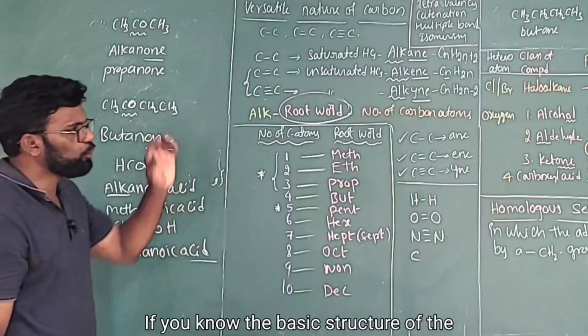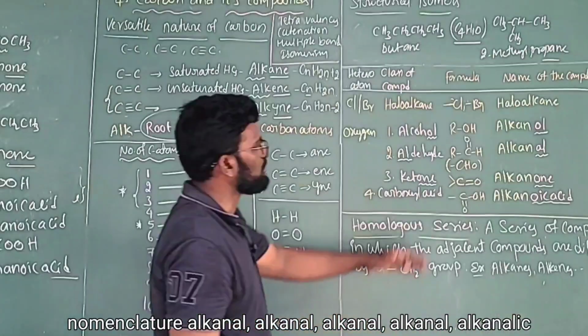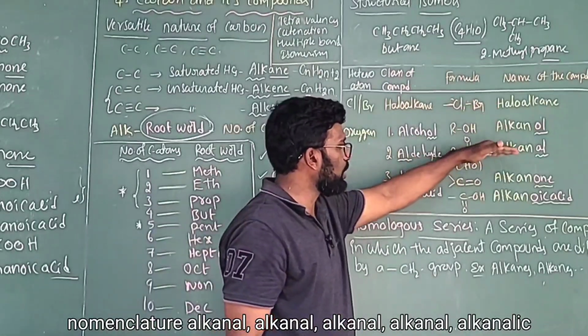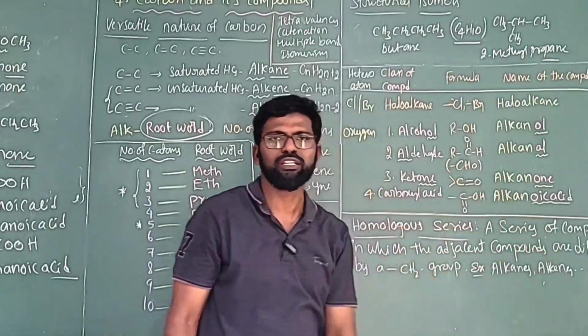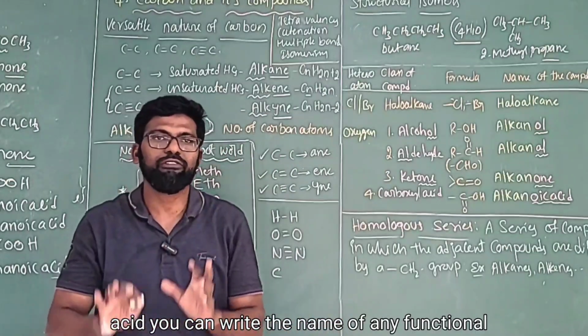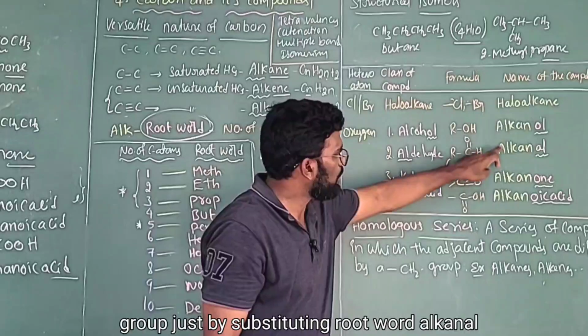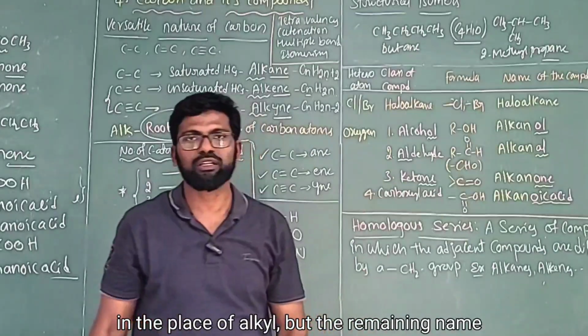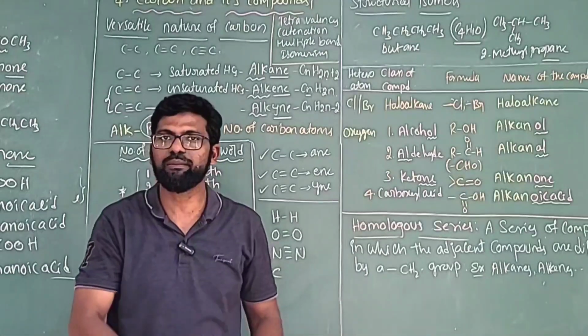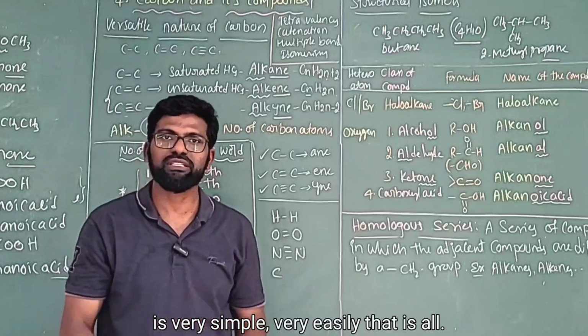That's simple. If you know the basic structure of the nomenclature, alkanol, alkanal, alkanone, alkanoic acid, you can write the name of any functional group just by substituting a root word in the place of alk. You will get the remaining name very simply, very easily.